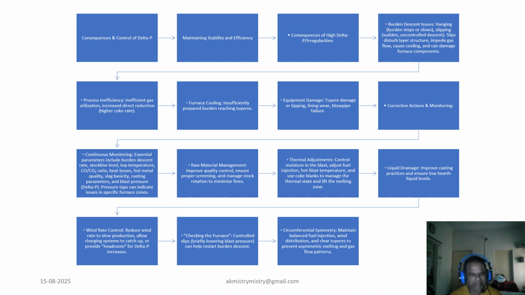In such a situation, wind rate control is going to be a magic wand, because this is the quickest action that the blast furnace team can take.